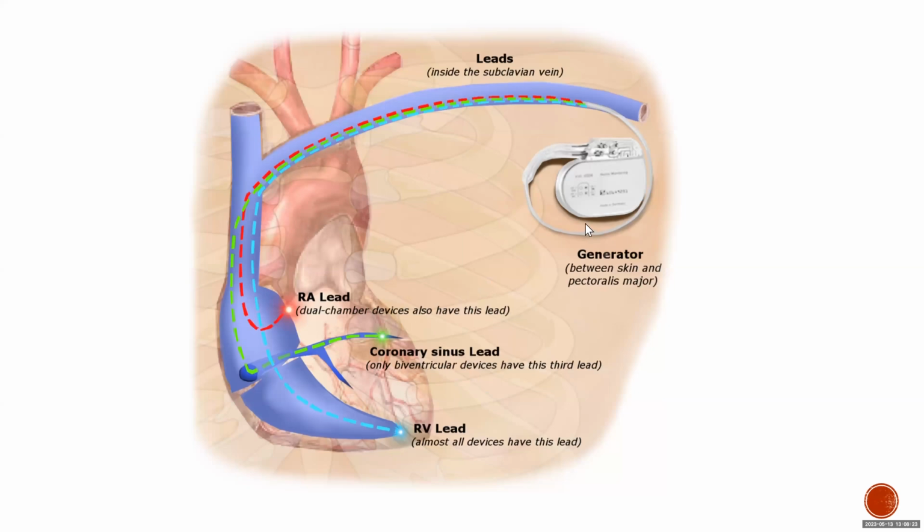Typically, we implant from the left side unless there is a problem, infection, or dialysis line, or occlusion of the vein. But most of the time, we implant devices from the left side. We use the subclavian vein to access the heart. So we access the vein, put the leads, and then position them accordingly. And as I said, the way we go to the left is by using the coronary sinus.